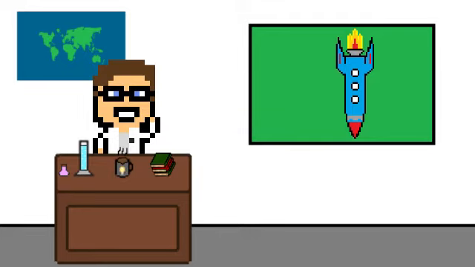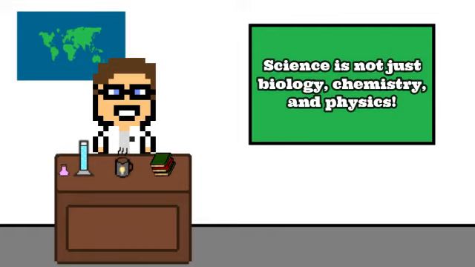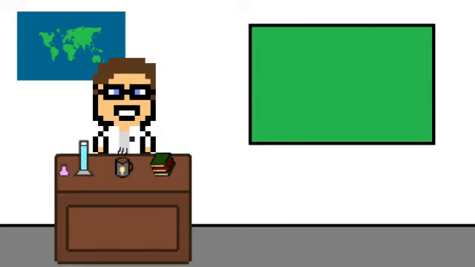Another important misconception some people have is that science is just limited to so-called hard science, or STEM subjects, an acronym meaning science, technology, engineering, and mathematics. These terms are often generally used to refer to natural sciences, chemistry, biology, and physics, as well as mathematics, while excluding other fields.